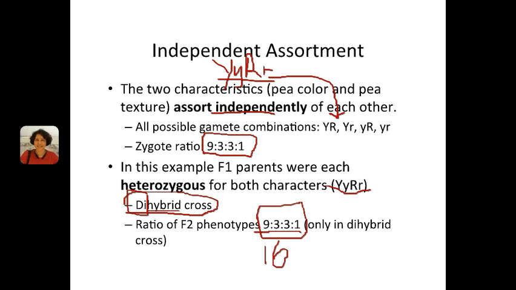So 9 are going to have yellow peas that are round. 3 are going to have one dominant and one recessive characteristic, so they're going to be yellow with wrinkled peas. Another 3 are also going to have one dominant and one recessive, but the reverse one, so they're going to have green peas that are round. And finally, 1 out of 16 is going to display both recessive characteristics, so it's going to have green peas that are wrinkled. We're going to see this in a picture in an upcoming slide.